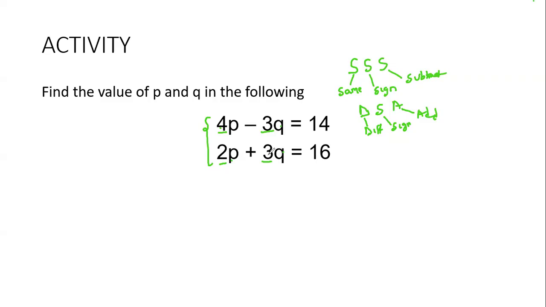Whenever the coefficients are the same, the next thing you look at are the signs. The sign here is negative. The sign here is positive. So the signs of the two same coefficients are different. When the signs are different, we add. Is that okay? Yeah, thank you, sir.